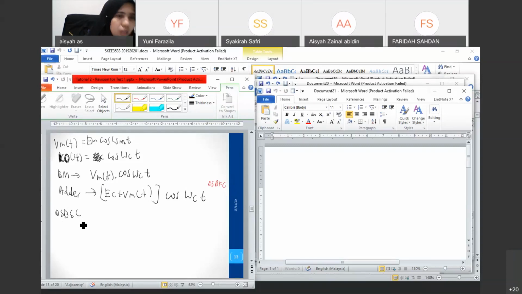Because it doesn't go through the EC, it becomes only VMT cos omega CT, without the EC.